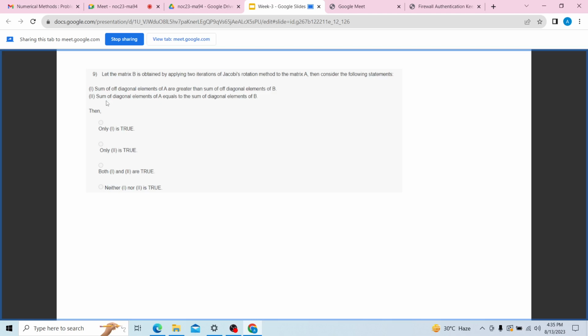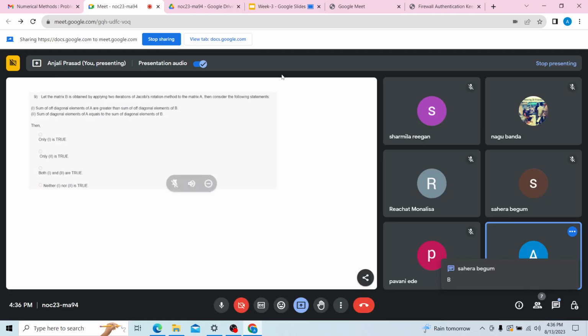The second statement says that the sum of diagonal elements of A equals the sum of diagonal elements of B after Jacobi's rotation method on A. So which of the statements is true? Either the first, the second, both, or neither.